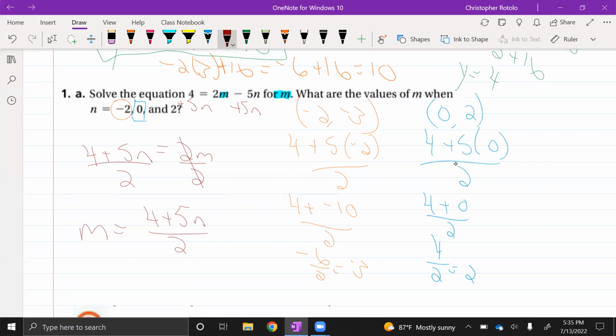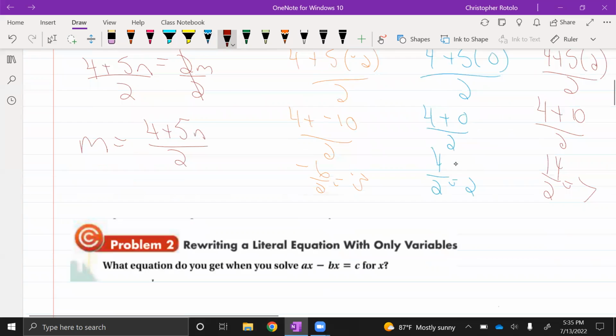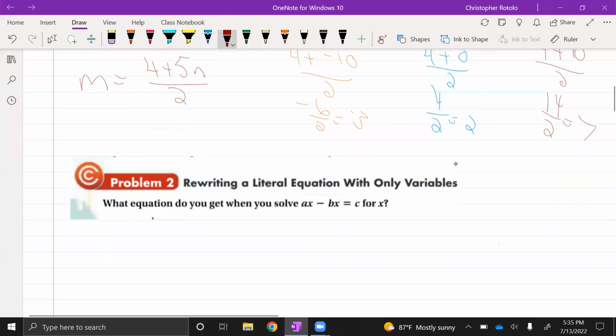We're going to plug in 2 this time. 4 plus 5 times 2 all over 2. 4 plus 5 times 2 is 10, so 14 over 2. I got 7. I plugged in 2. I got 7. Right, that's our literal equation. So you can see how it's going to be a little bit faster if we rearrange it to get started. Right, we'll get into some more complex ones in class.